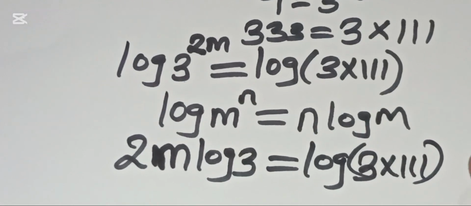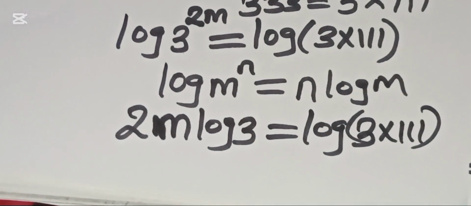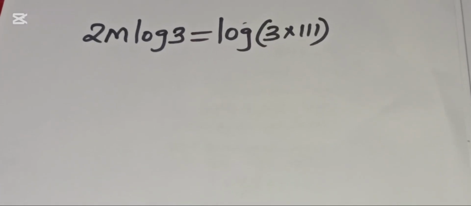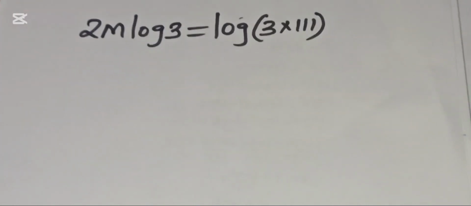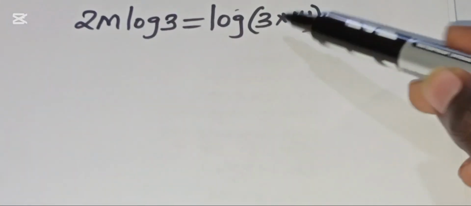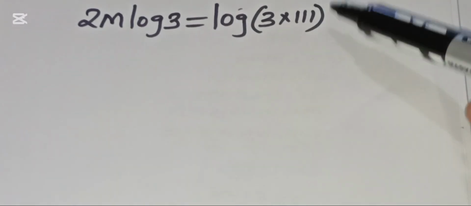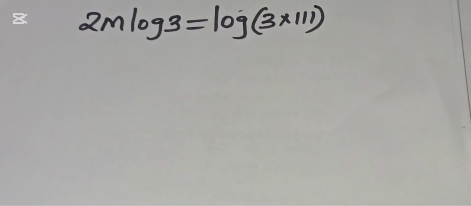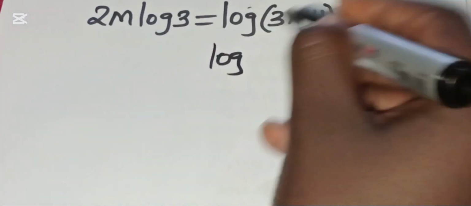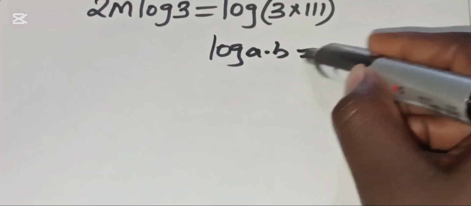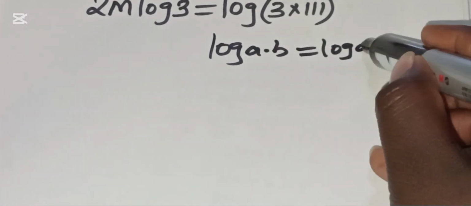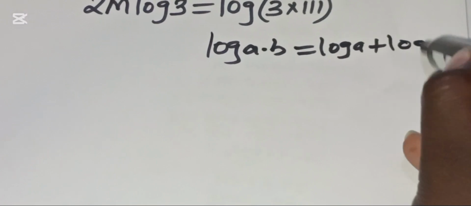So we have 2m log 3 equal to log 3 multiplied by 111. On the right hand side, log 3 multiplied by 111 is in the form of log a multiplied by b, which can be expressed as log a plus log b.